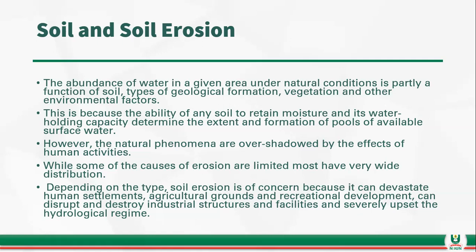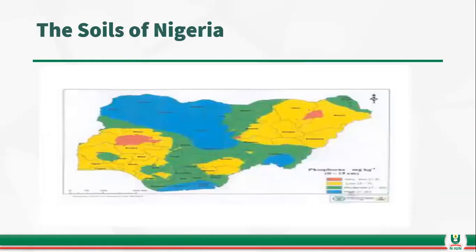While some of the causes of erosion are limited, most have very wide distribution depending on the type. Soil erosion is of concern because it can devastate human settlement, agricultural ground, as well as recreational development. This can disrupt and destroy industrial structures as well as facilities, and severely upset the hydrologic regime of the soil.